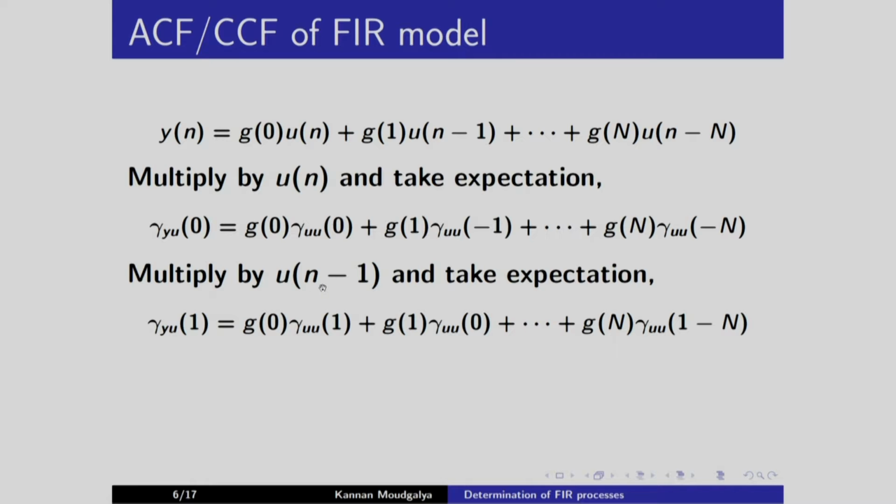U occurs at n minus 1 and the response is at the next time instant n, and you see y changing. So it is okay to have this, it does not violate any causality principle, and we get gamma yu of 1. And here we started with 0 and ended up to minus n. Here we start at 1 because the difference between n and n minus 1 is 1.